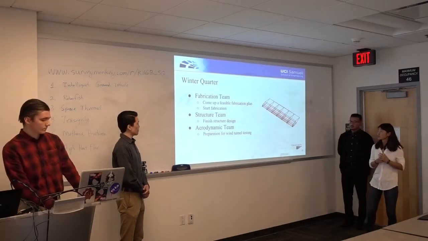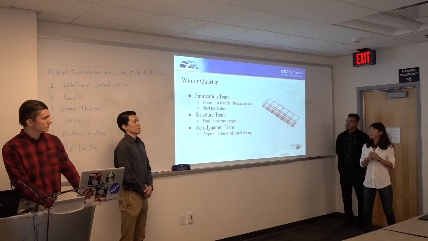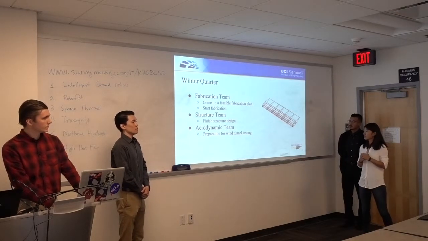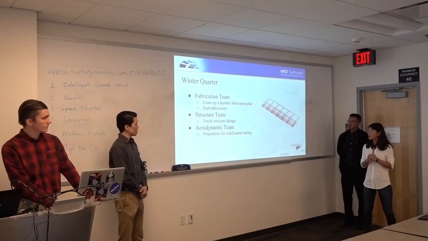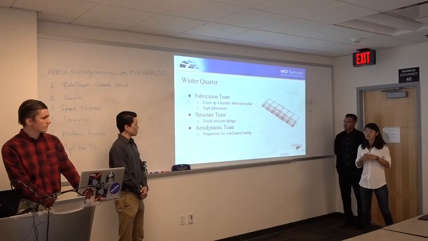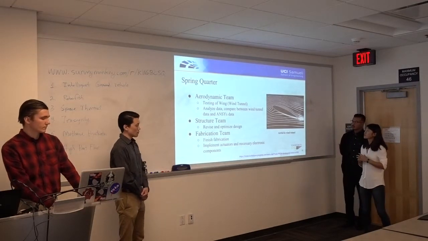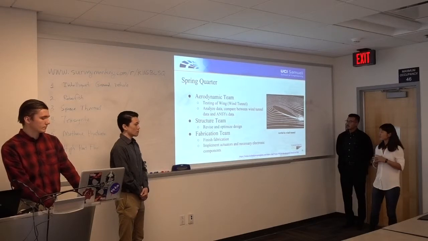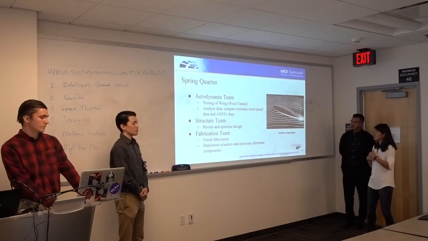So for next winter quarter, fabrication will come up with a feasible fabrication plan and start fabrication, and the structural team will hopefully finish the structural design, and the aerodynamic team is preparing for the wind tunnel testing leading into the next quarter. And for the spring quarter, the aerodynamic team will go do the wind tunnel test and use that data to compare the wind tunnel data and the ANSYS data and hopefully hand calculation data.